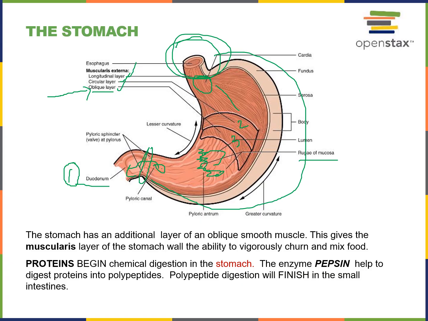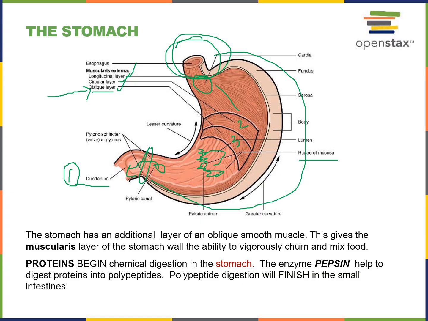So the extra layer of muscle helps exactly with that. So all 3 food groups, carbohydrates, proteins, and lipids, will undergo mechanical digestion in the stomach because they're all there, and the stomach is simply going to crush, move, shove the food back and forth, all of that.